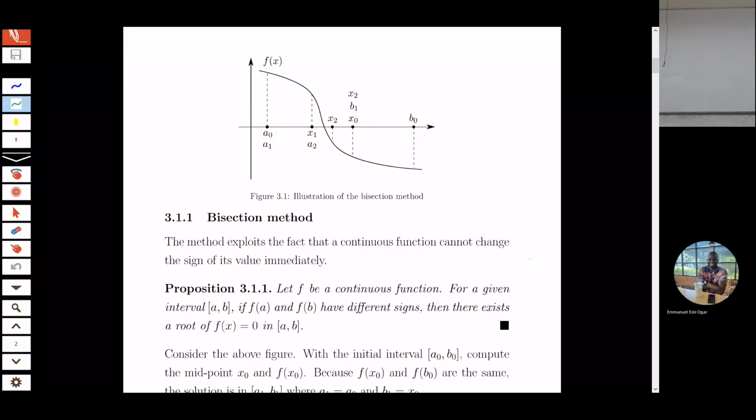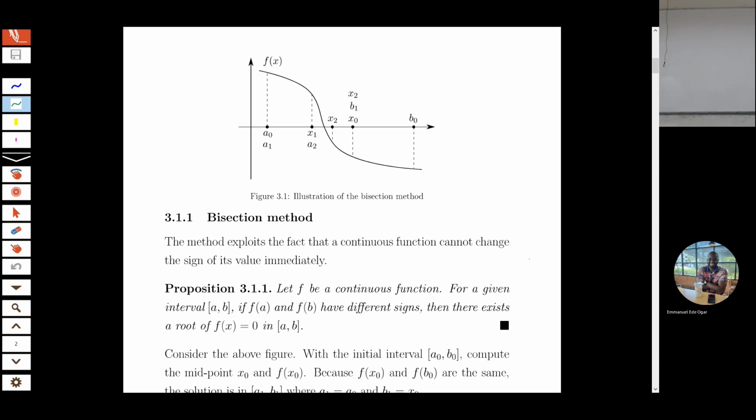We check the sign of the middle point. We start with the interval a naught and b naught.